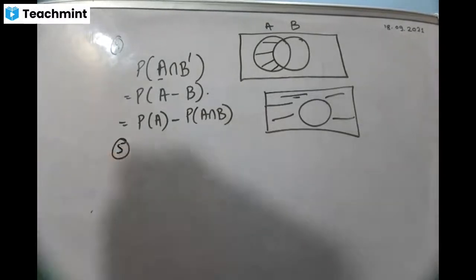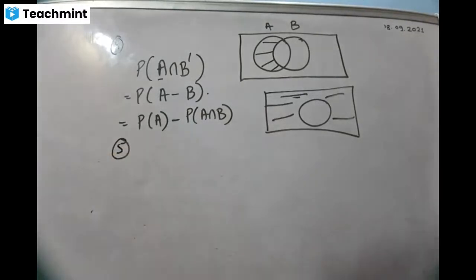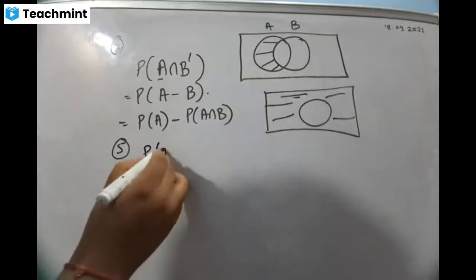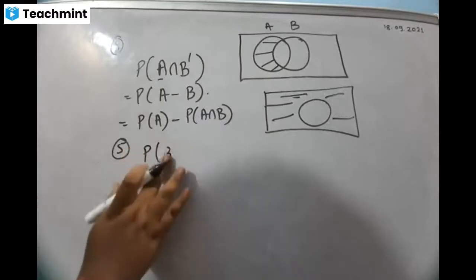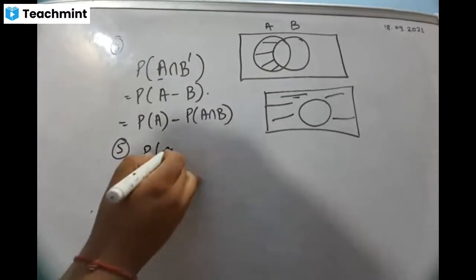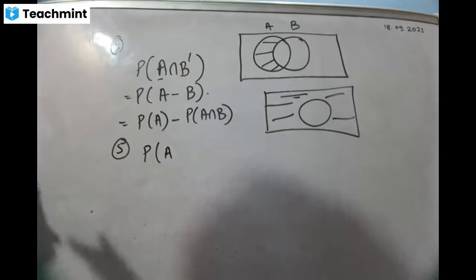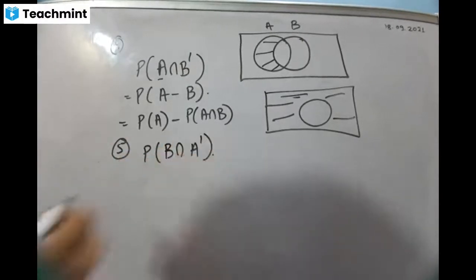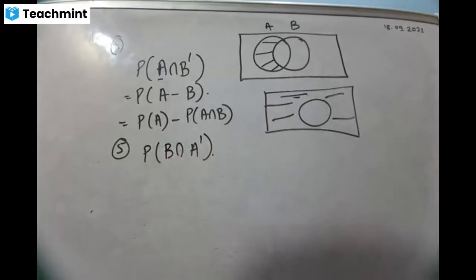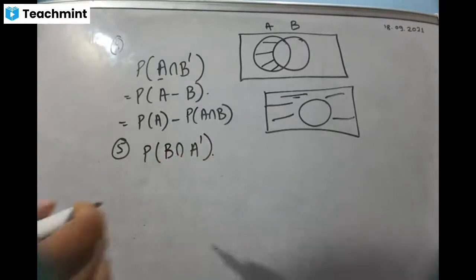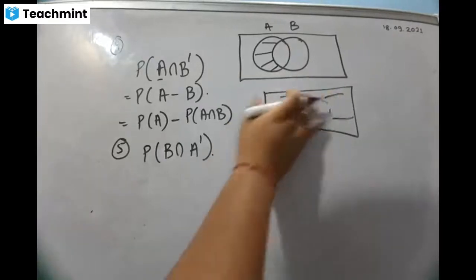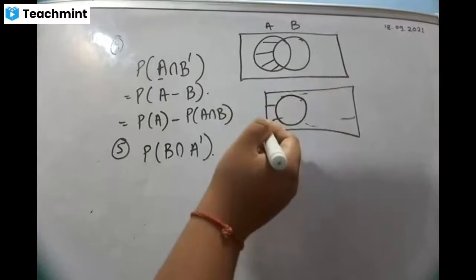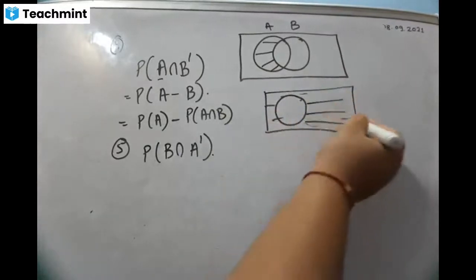Now we come to the fifth formula, everyone. The fifth formula is just a continuation of this. What is probability of B intersection A complement? Again the same thing. What is A complement? So this is your set A. Complement means all the elements which are outside.